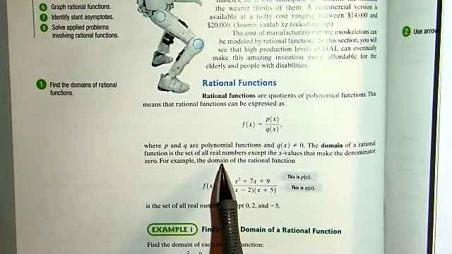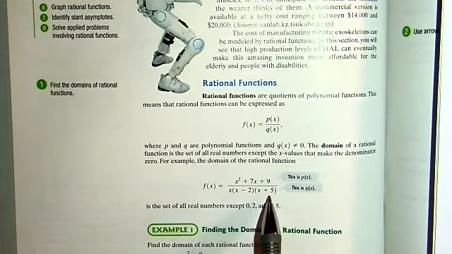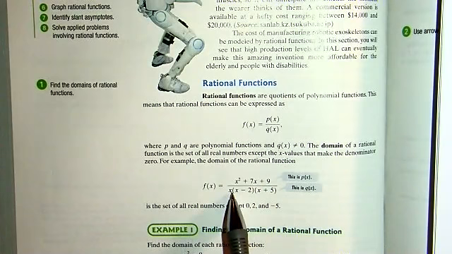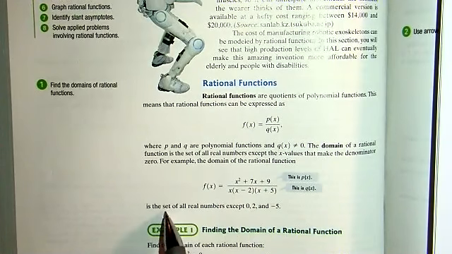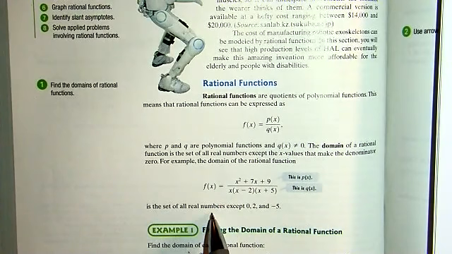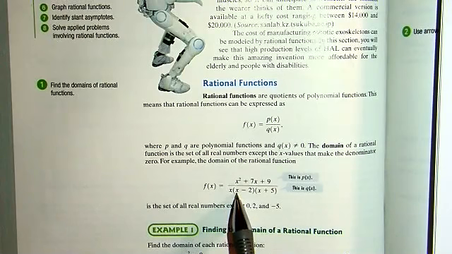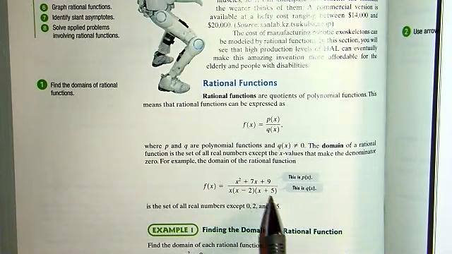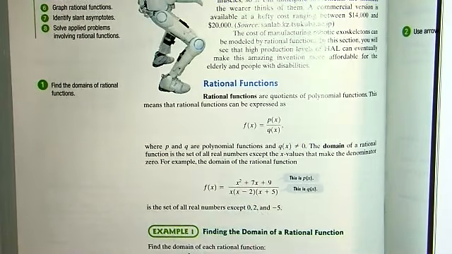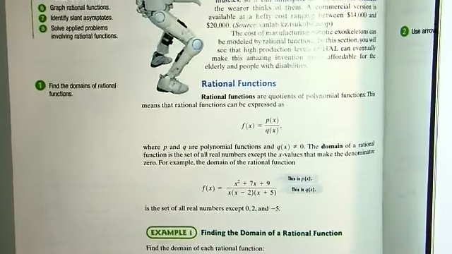For the domain, we're primarily interested in what's happening in the denominator. The domain is the set of all real numbers except for 0, 2, and -5, because those are the three values of x which would make the denominator equal 0, which causes the function to be undefined.